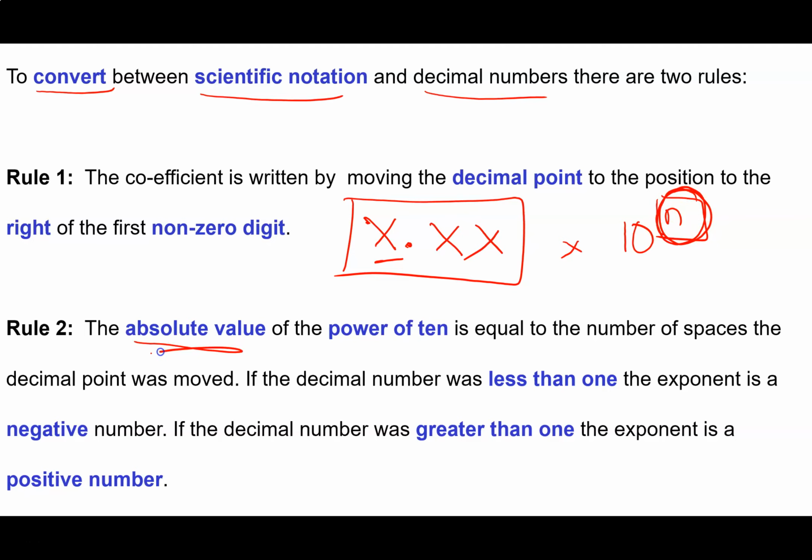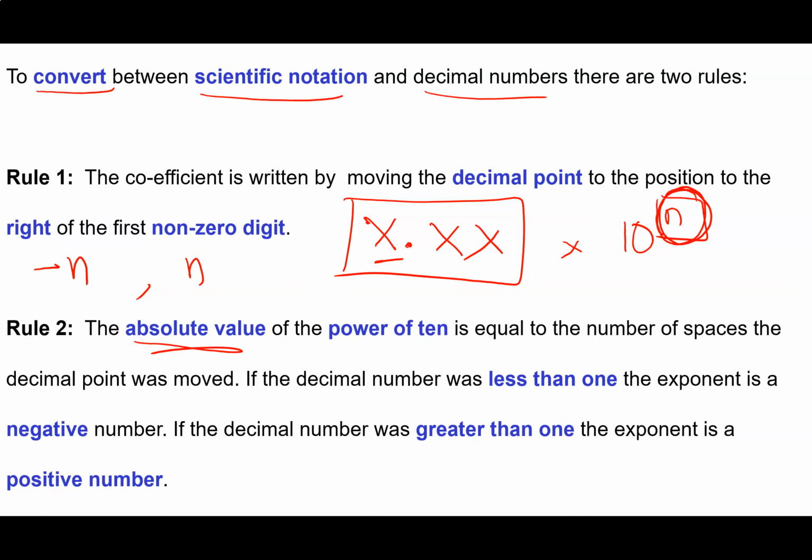And the absolute value of the power of 10 is always just going to be equal to the number of spaces you had to move your decimal point to get your coefficient, right? So that's easy. So if you moved your decimal point 3 spaces, then n is going to be 3. Now, the next thing is to decide whether you've got a negative or a positive exponent.